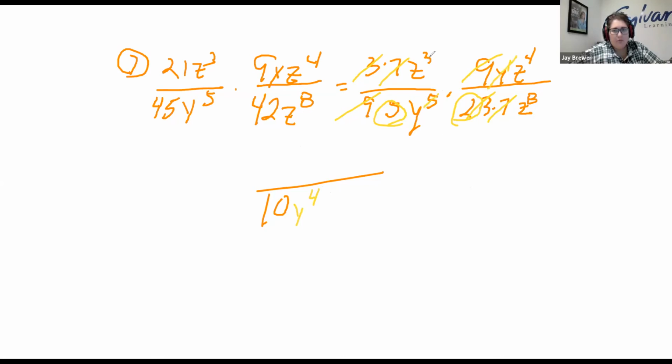All right, so we have z cubed and z to the 4th up top. How many z's is that together? 3 and 4?